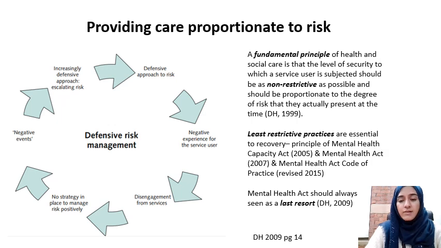Least restrictive practices are essential to recovery, so it is really important that we look into it. The Mental Health Act should always be seen as the last resort when looking into risk management.